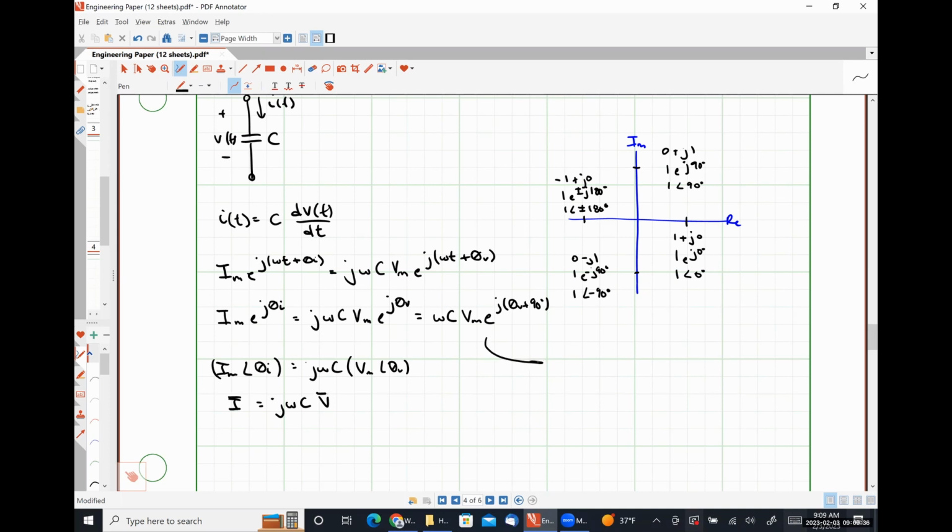Looking at this, we can see that the magnitude of the voltage is going to be Im over omega C. And we can also see that theta v will be theta I minus 90 degrees.